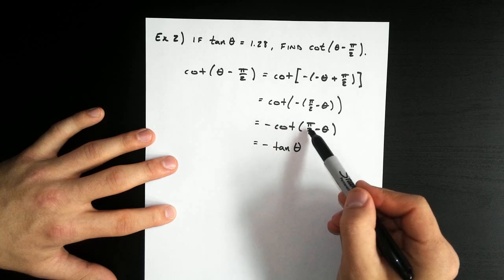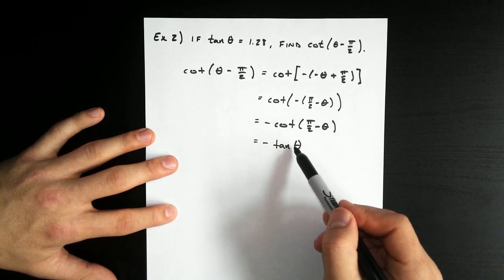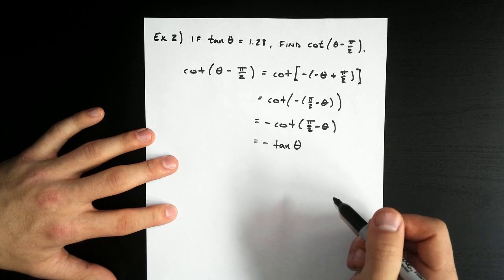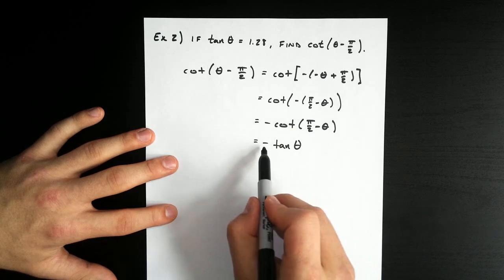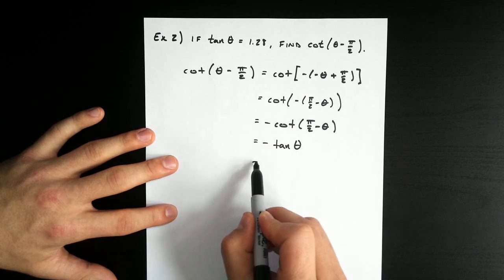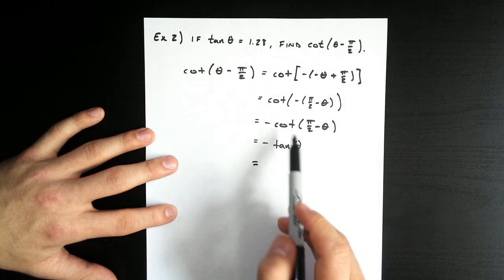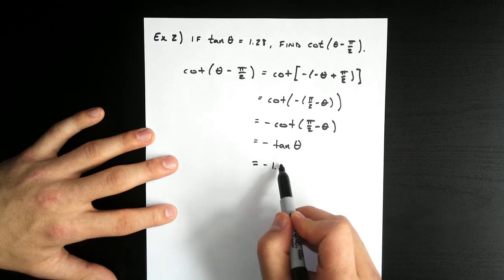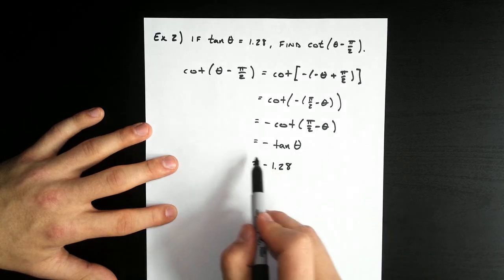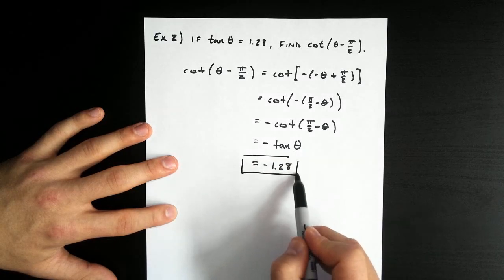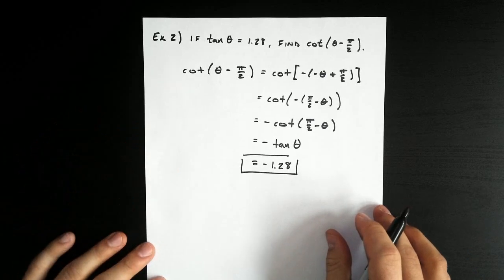So cotangent of pi over 2 minus theta is the same as the tangent of theta because they're cofunctions. So now we have the opposite of tangent of theta, but we know what the tangent of theta is equal to from up here. So then substituting that in, we get negative 1.28. And there's our answer.